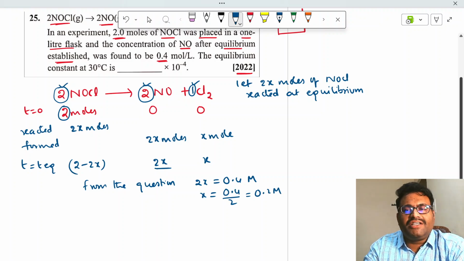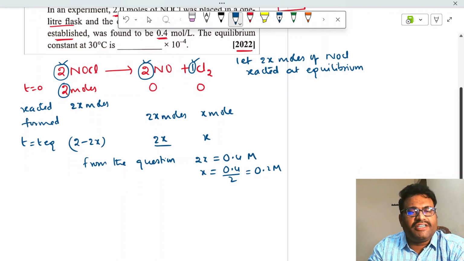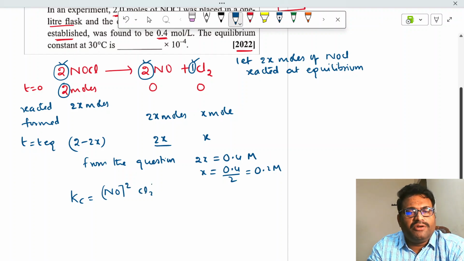Okay, so what is asked? Equilibrium constant. So the equilibrium constant Kc for this reaction can be written as NO concentration power 2 into Cl2 concentration by NOCl concentration power 2.